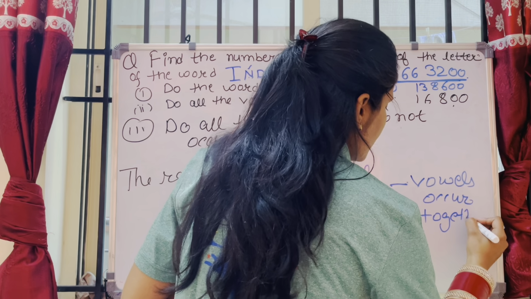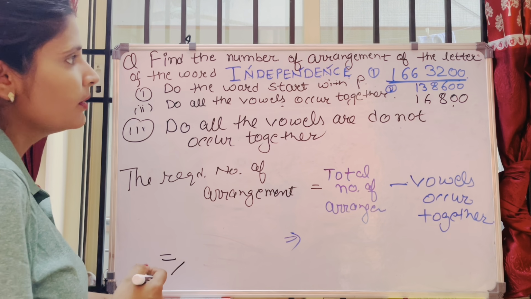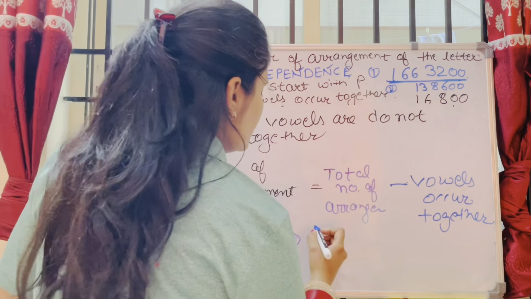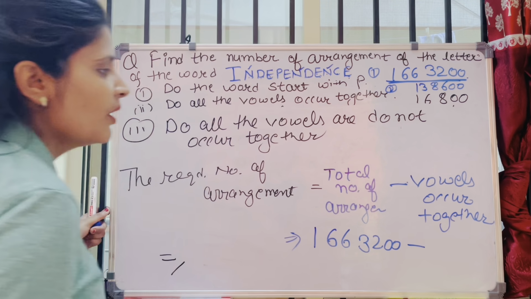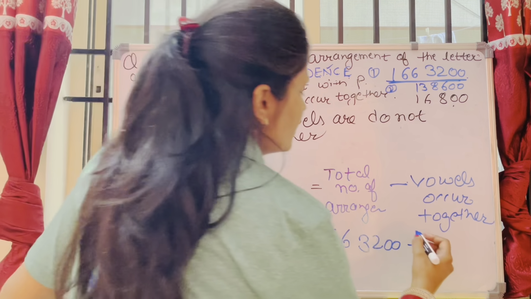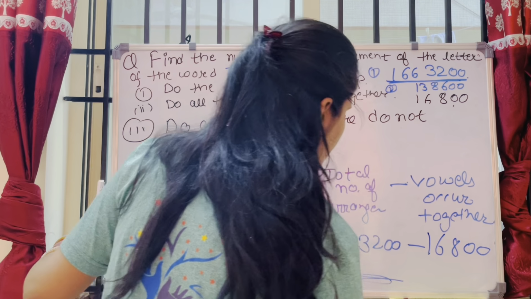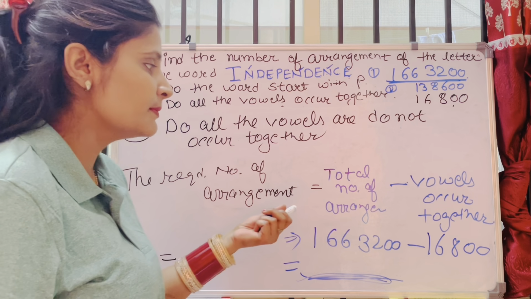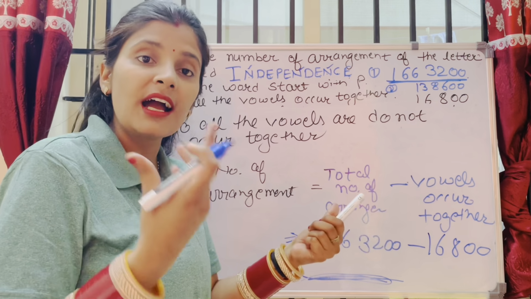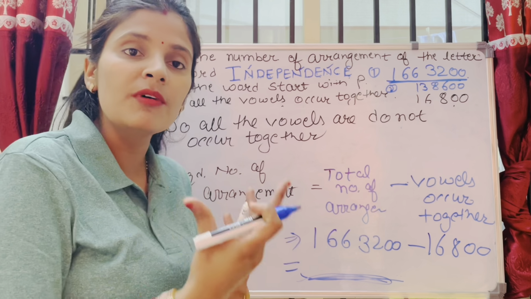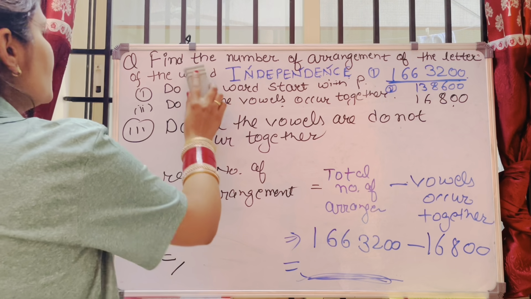Then we will get the arrangements where all vowels do not occur together. So the total number of arrangements is 1663200, and when all vowels occur together, 16,800, and you will get the final answer. So the required number of arrangements is equal to the total number of arrangements minus the arrangements where vowels occur together. So this is our third condition.